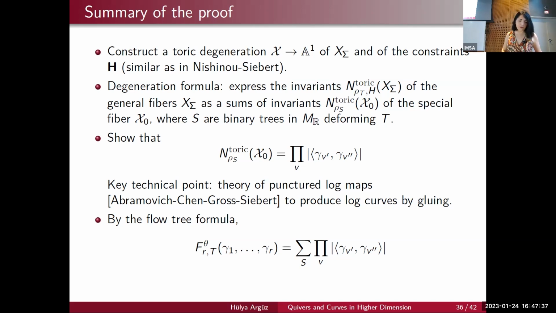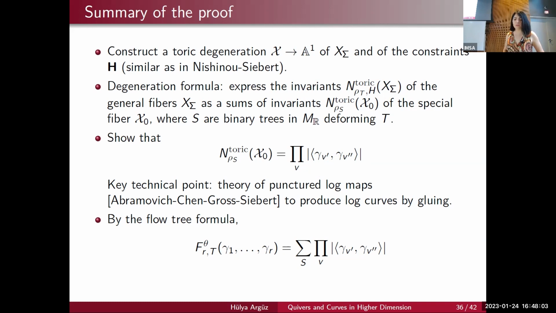And then there are some technical points of the theory of punctured log Gromov-Witten invariants due to Abramovich, Chen, Gross and Siebert. We show that this product, which appeared in the attractor flow tree story while calculating the coefficients of our thetas, also agrees with the number of ways you can glue together log maps in different components of the central fiber.